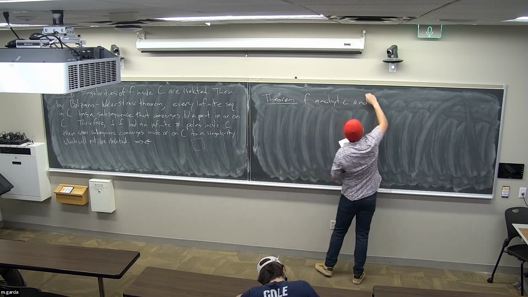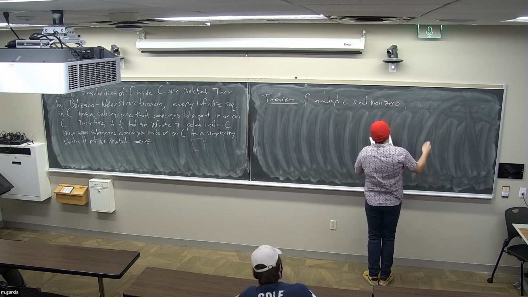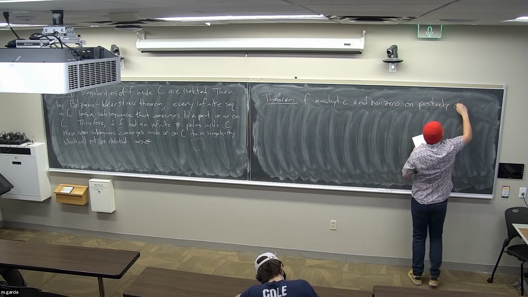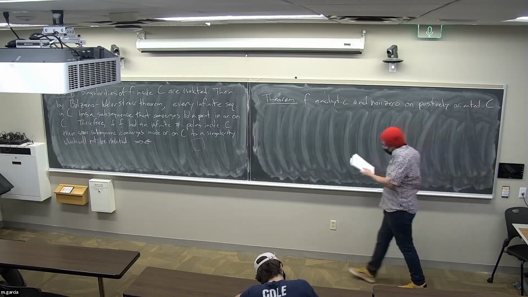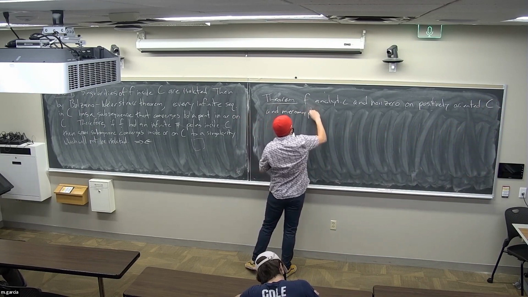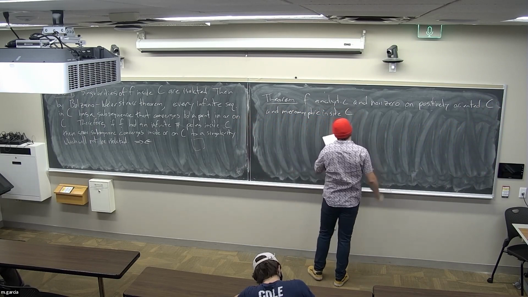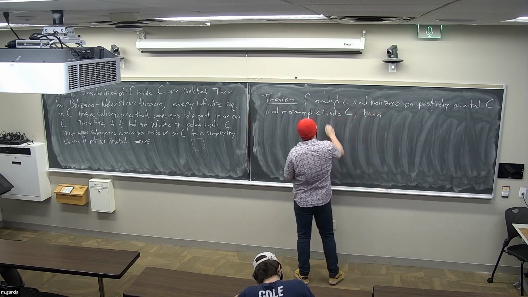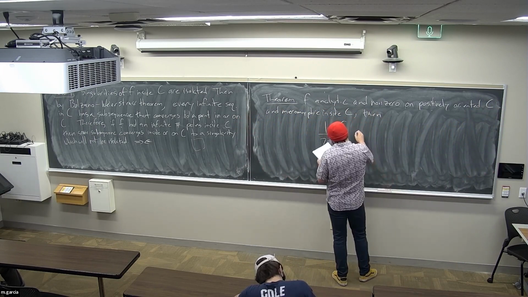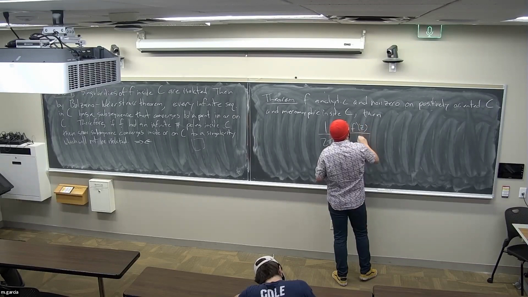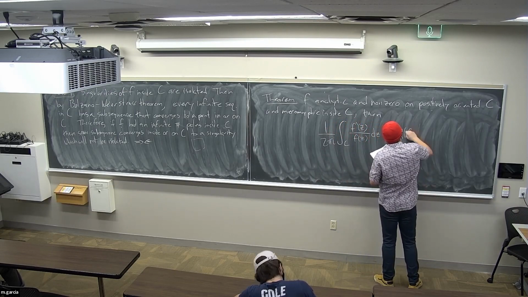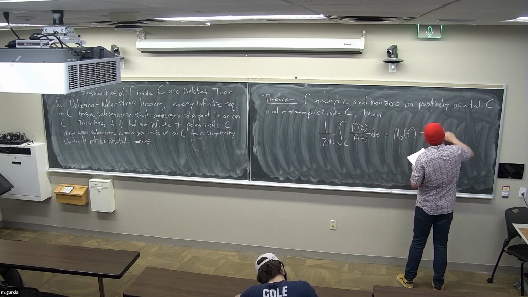F analytic and non-zero on a positively oriented simple closed curve C and meromorphic inside C. Then one over 2 pi i times the contour integral around C of f prime of z divided by f of z dz is equal to the number of zeros of f minus the number of poles of f.